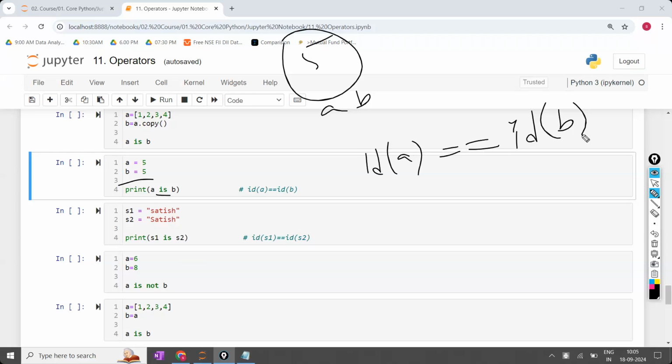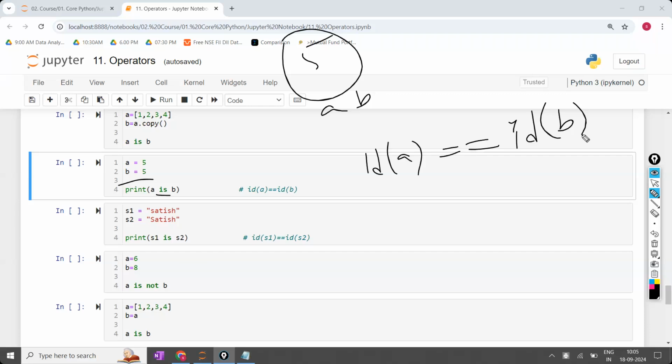You are in the same street, same area, same pin code, same state, same country, everything is the same. But at least the door number will be different. The minimum guarantee is the door number. If the door number is the same, the state will be different. Any one will be different.